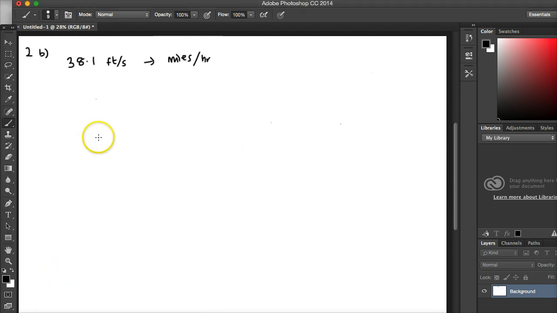For question 2B, we need to convert a velocity of feet per second, sorry, to miles per hour. So we need to convert 38.1 feet per second.